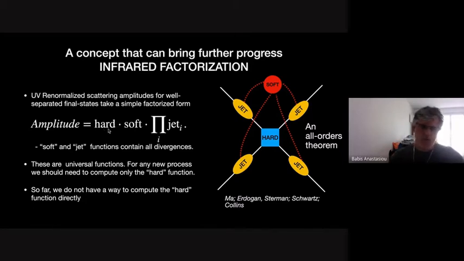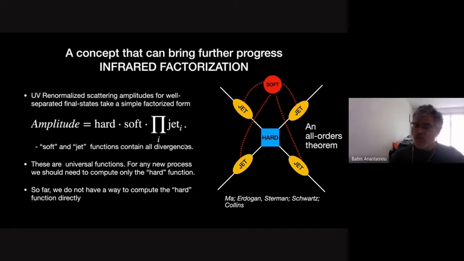So it would be an amplitude for a hard scattering, another factor for soft exchanges, and another factor with collinear splittings. And actually, it's not one factor, it's as many as the final states or initial states in your process.